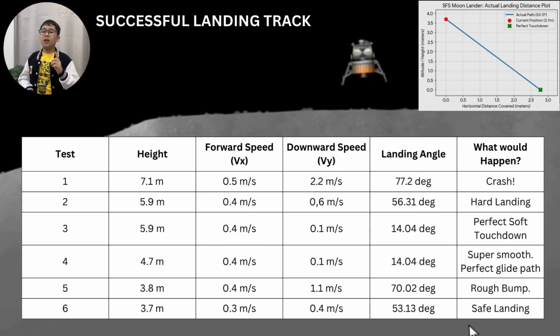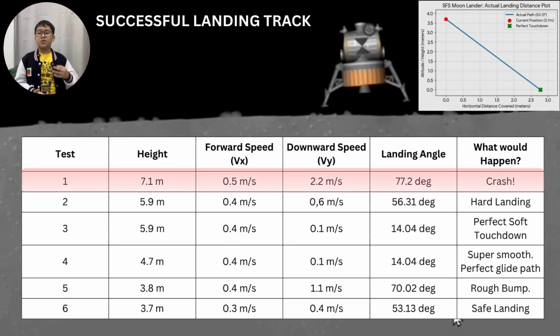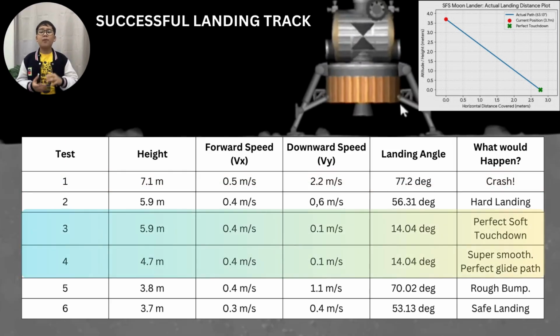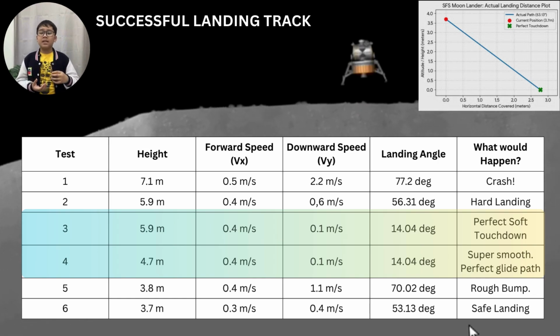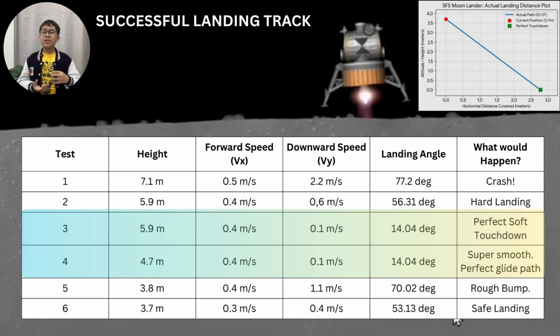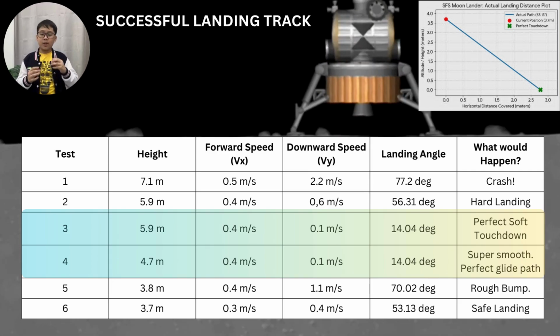In test 1, we almost crashed because we are dropping. But by test 3 and 4, we adjusted our speed so that our forward motion was 4 times faster than our downward motion. This gave us a gentle 14-degree angle and a perfect, soft, safe touchdown.